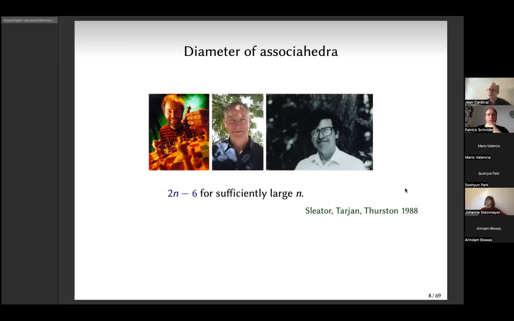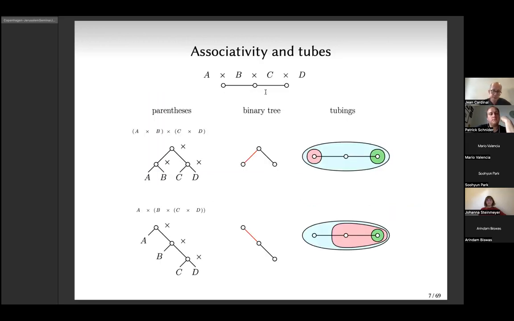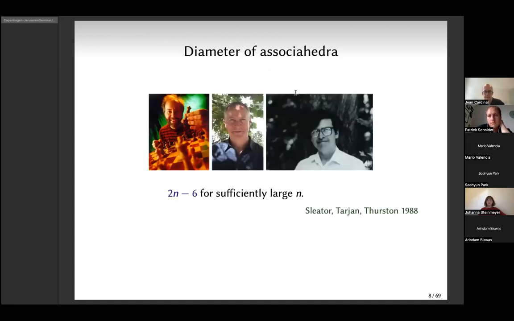This was their motivation, and they collaborated with Thurston, the famous mathematician, who brought into this business the idea of using hyperbolic geometry to give tight bounds on the diameter of the associahedron. So they showed that it was exactly 2n minus 6 for sufficiently large n, where n in my setting, here n would be 3, is the number of internal nodes of the binary tree.